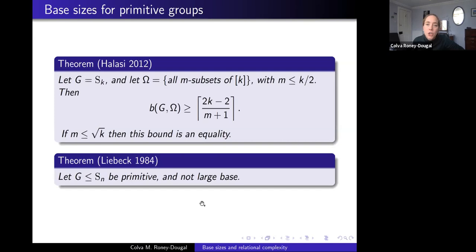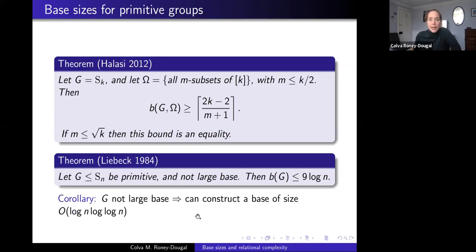But if we're primitive and not large base, then boom, the minimal base size drops down to big O of log n. Logarithmic, not linear. Which has a corollary from Blaha's result that if G is not large base, then I can construct a base of size big O of log n in polynomial time. So it gives me a polynomial time construction of a pretty small base.